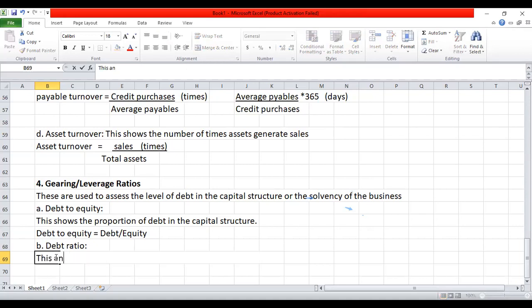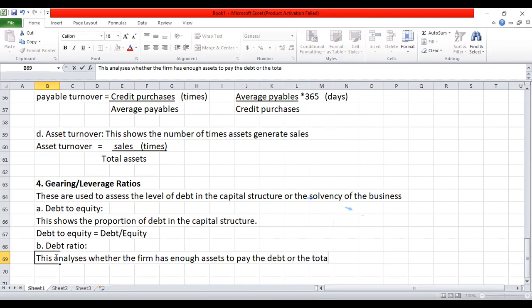This analyzes whether the firm has enough assets to pay the debt or the total liabilities.